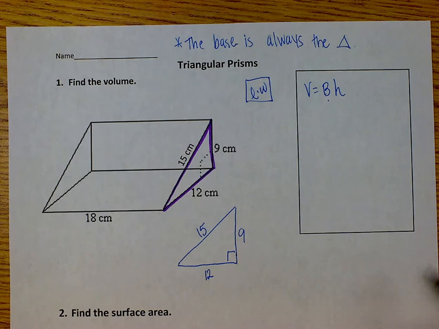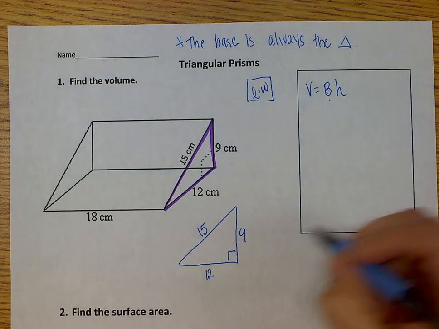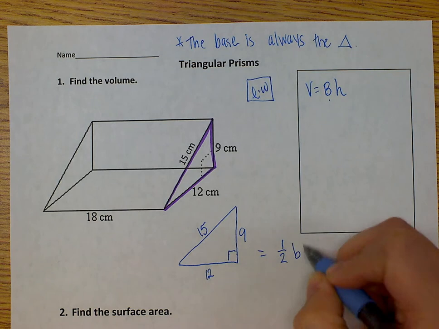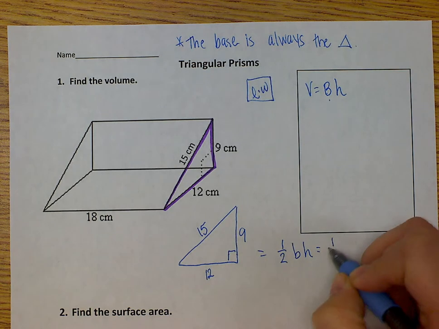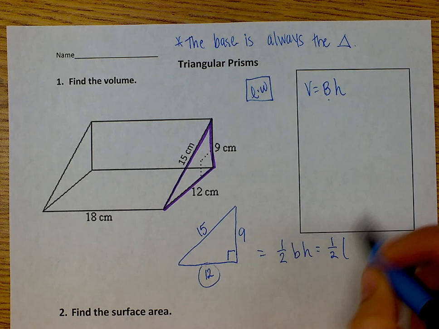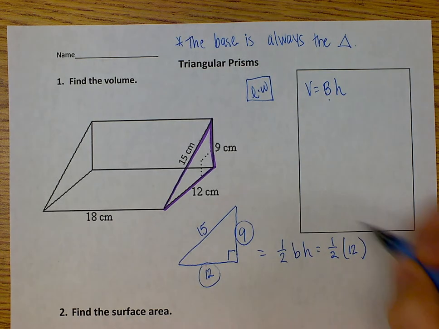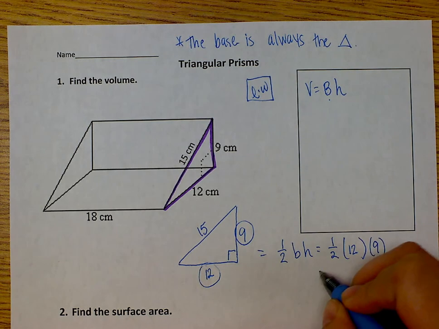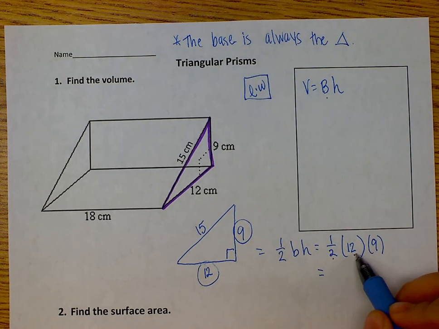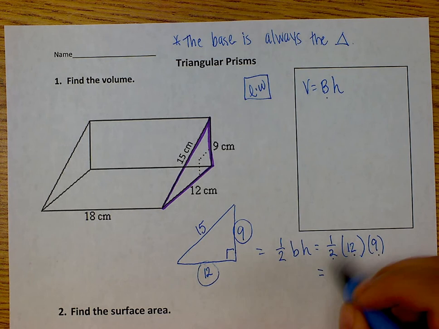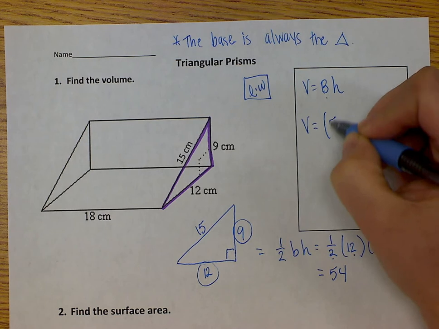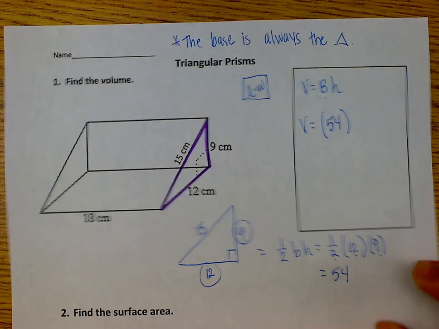But now, since it's a triangle, we need to do 1/2 base times height, which is 1/2, the base is 12, and the height is 9. When we multiply that, half of 12 is 6. 6 times 9 is 54. So the area of the base in this case is 54. It's a little bit more work than we had before.